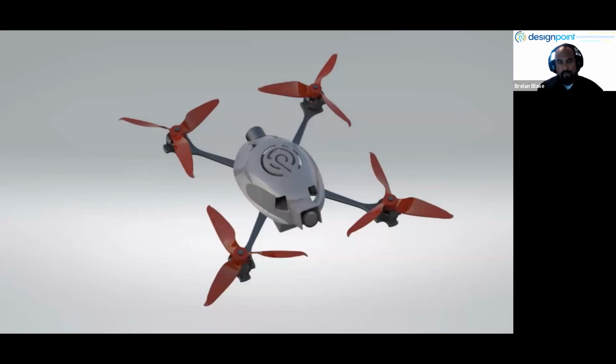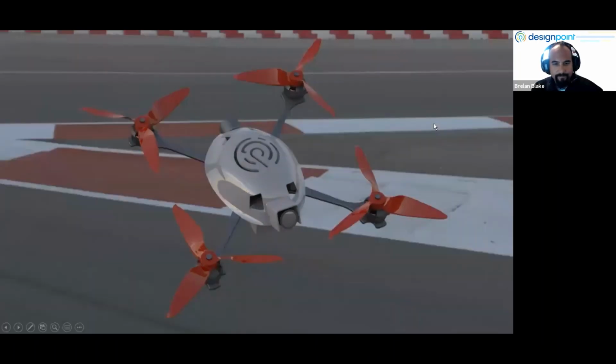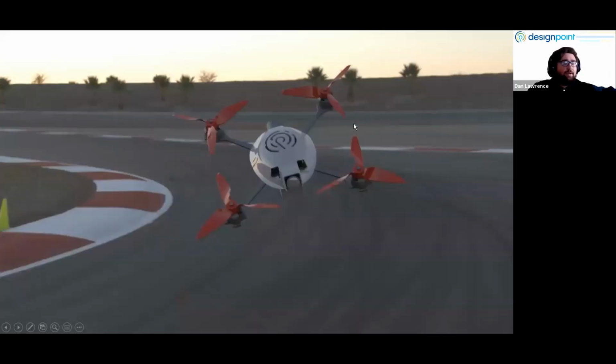We weren't sure where it would be after printing all the parts, if we could get everything completed in time for MIP. But these are just some of the renderings that we went through, and they turned out pretty nice, I think. Yeah, we added a nice racing background, and we have this banking around a turn, showing how it would look if it was flying around turning. Right. And all these were done in SOLIDWORKS Visualize.